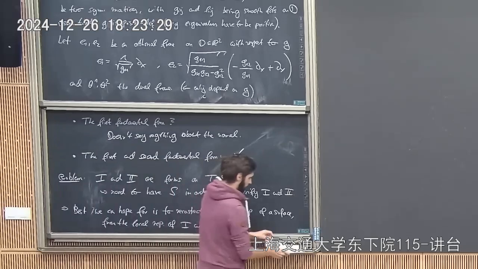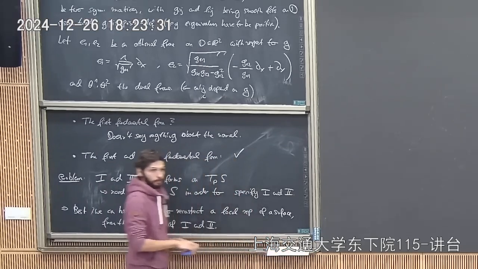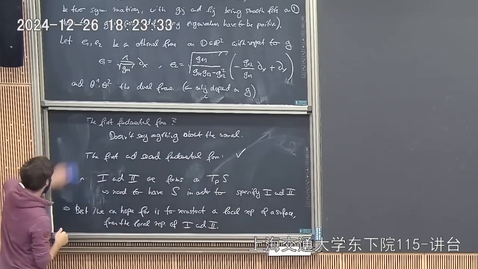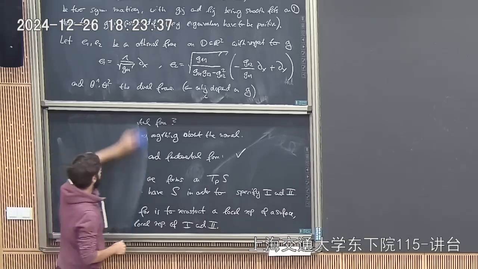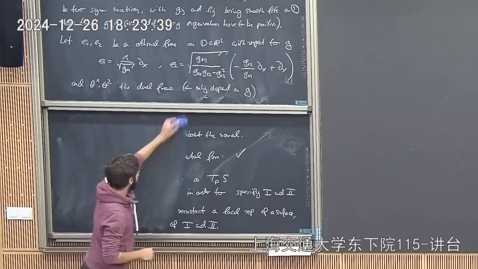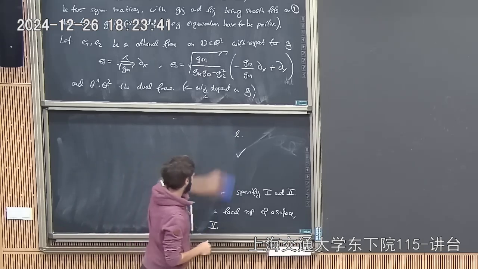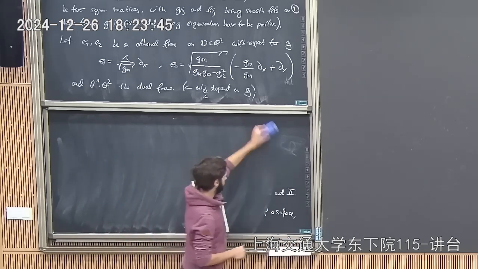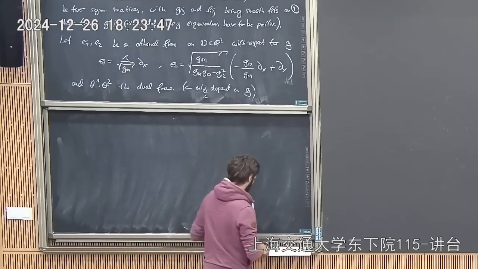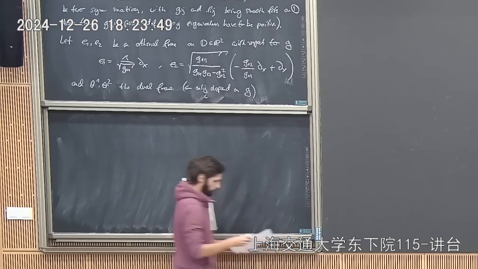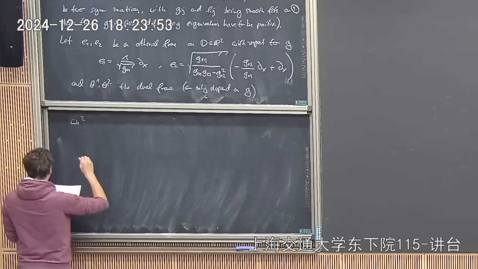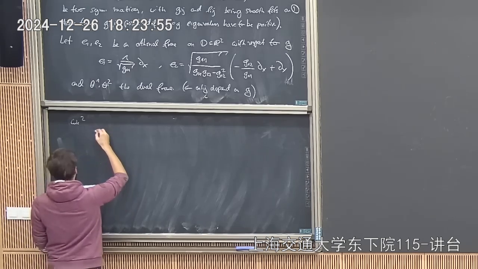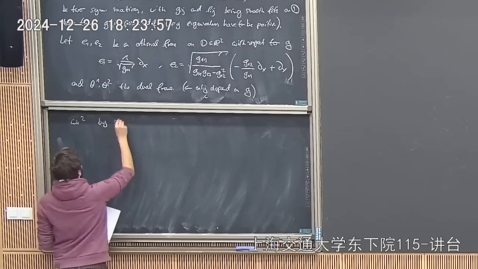I think the next step you can already guess. Once we have theta 1 and theta 2, we can also get one of the connection forms by the usual equations that we already used in the proof of the Gauss theorem. So omega 1,2 by the structure equation.